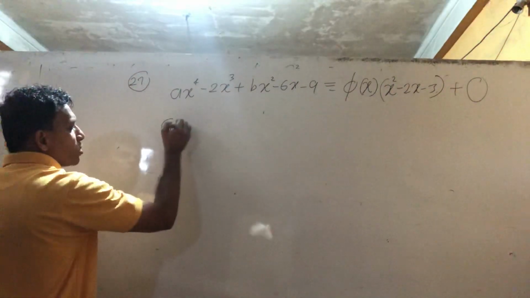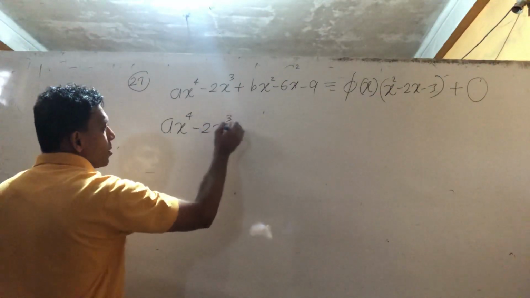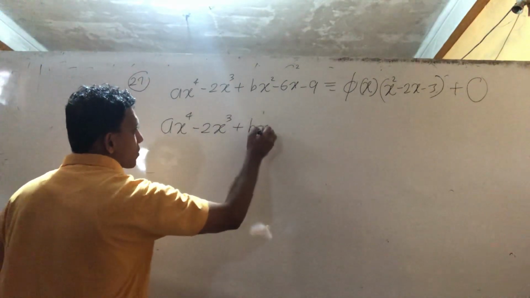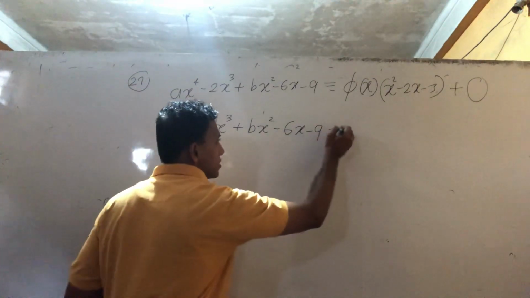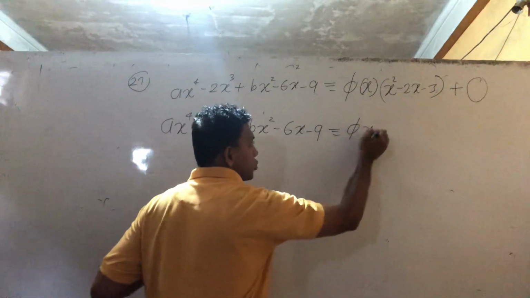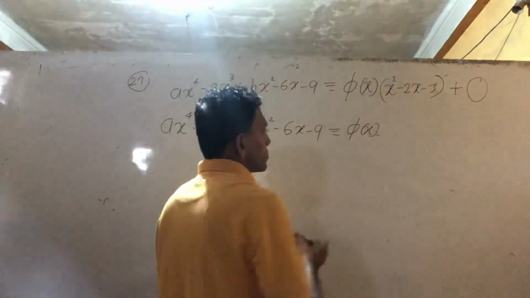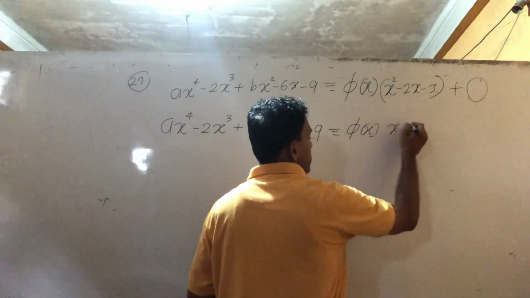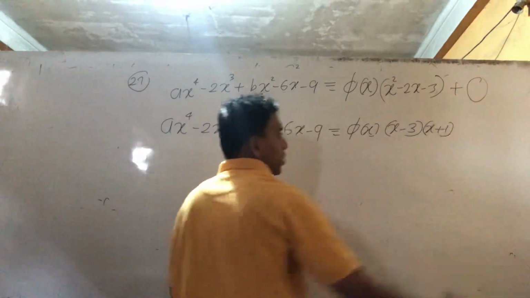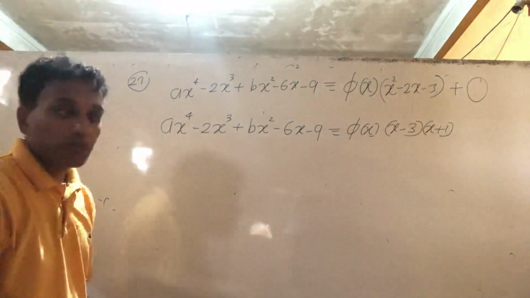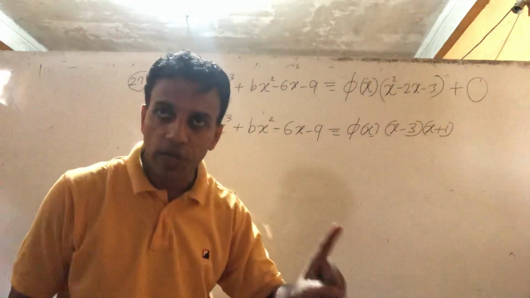So ax^4 minus 2x^3 plus bx^2 minus 6x minus 9, the divisor can be further simplified and factorized: (x minus 3)(x plus 1). Now if you put x equals minus 1 it becomes 0, that gives one equation.